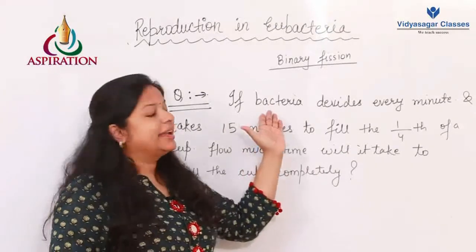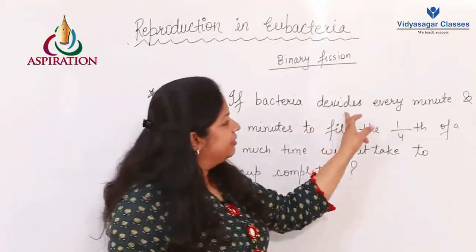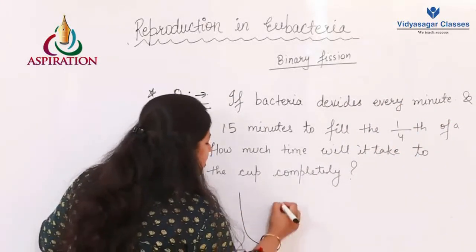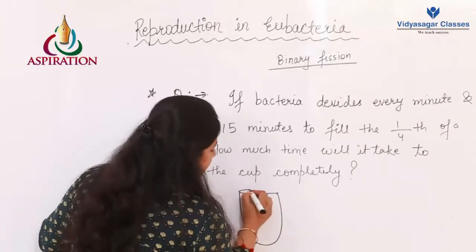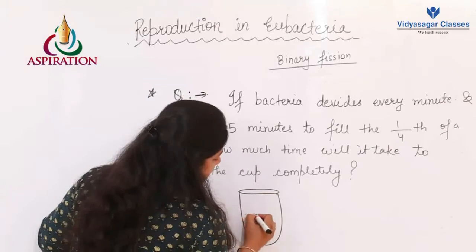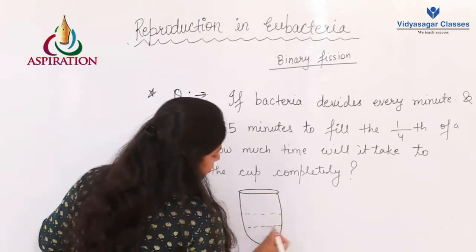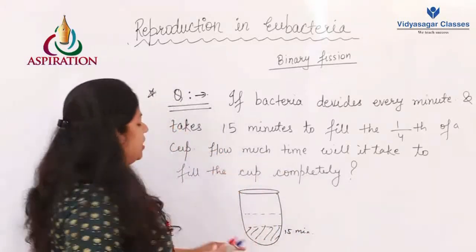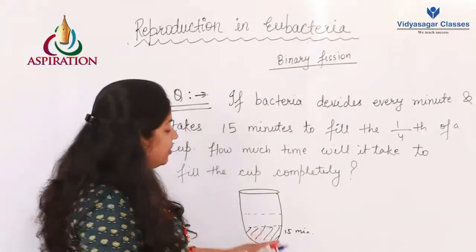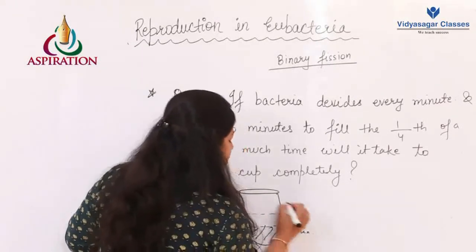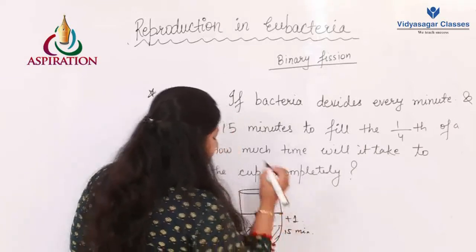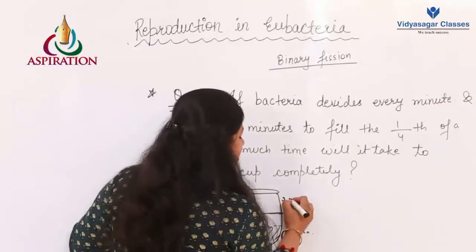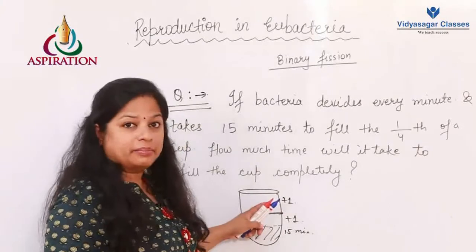In this question, it is given that bacteria divides every minute. It means if this is the half and this is 1/4, and in 15 minutes 1/4 is filled, so it will take another minute to fill the half of the cup, and in the next minute it will fill the cup completely.